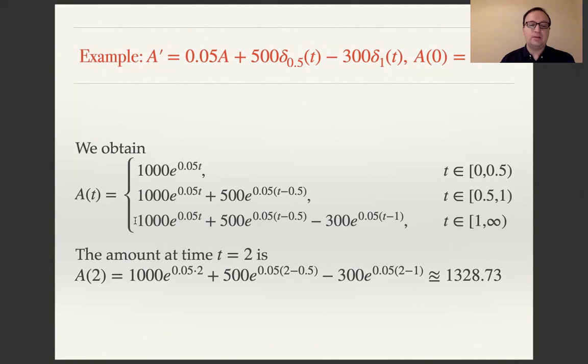And if we plug 2 into the third formula, then after doing the computation, we get $1,328.73. So this is the correct answer for the amount of money after 2 years.